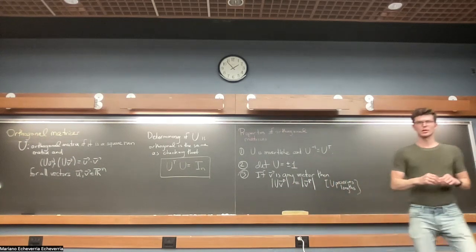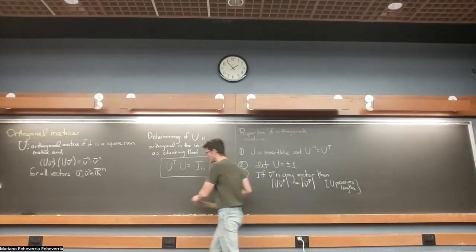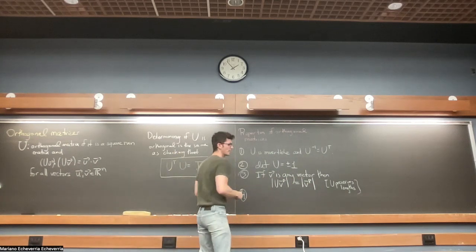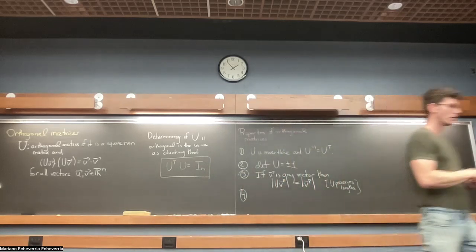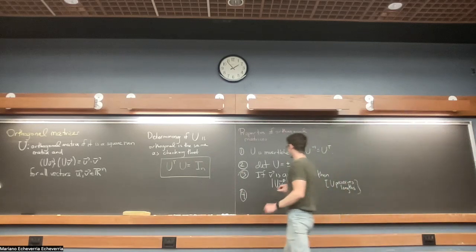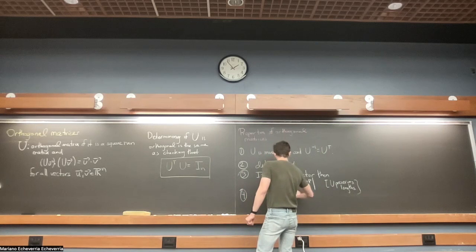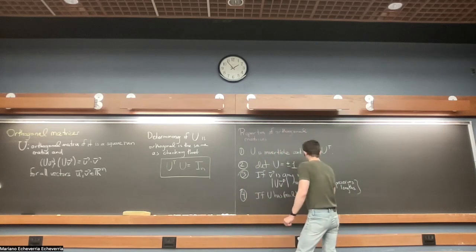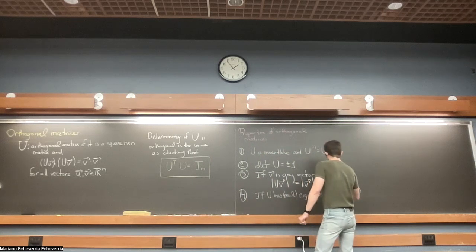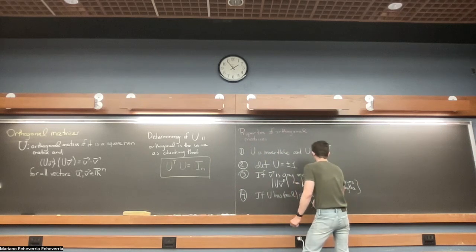The fourth property that I want to mention is that if lambda is an eigenvalue of U, and U has real eigenvalues, then lambda equals plus or minus one.